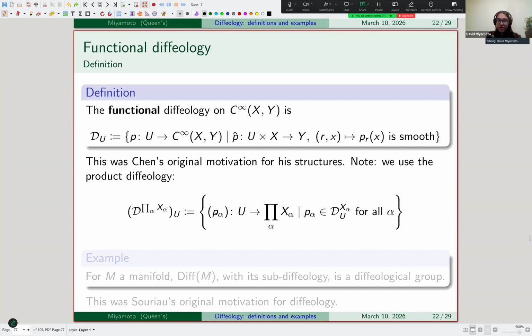So a map will be a sequence of maps, one for each alpha, and I just require that each member of the sequence is a plot of each X_alpha. So this is a product diffeology.